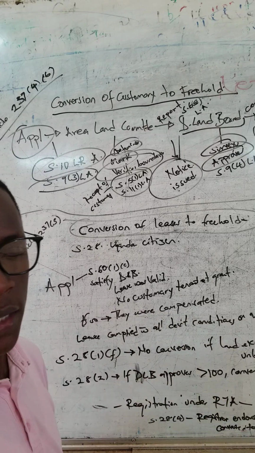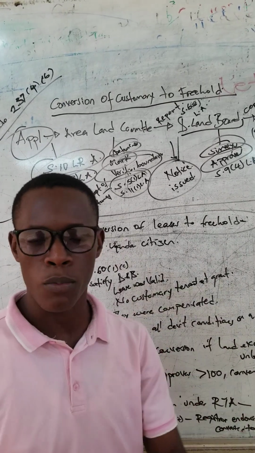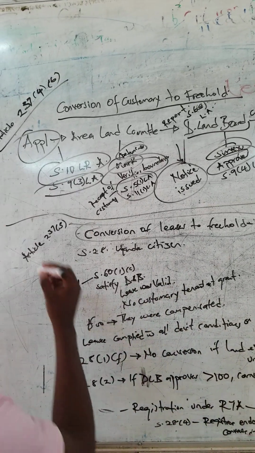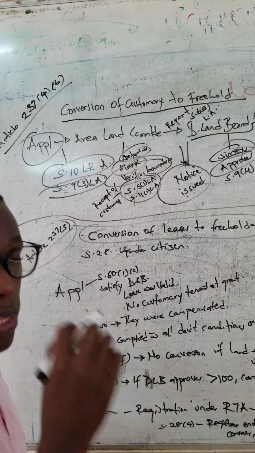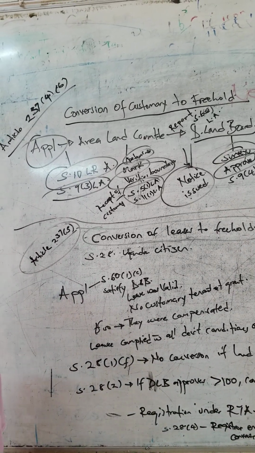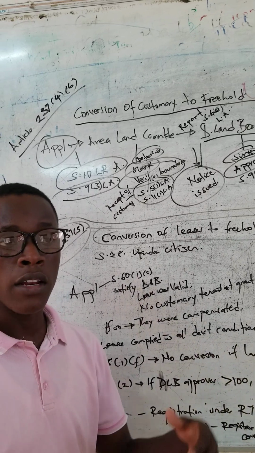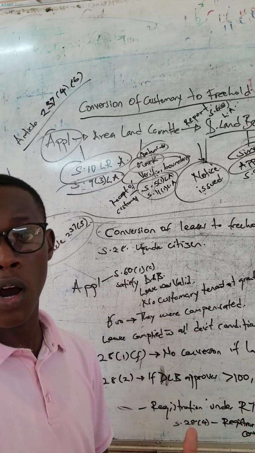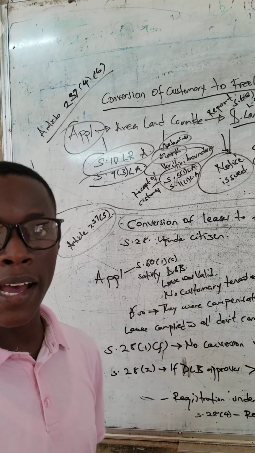A freehold. You get? So bear in mind that the grand norm, which is the constitution, is the authority that we start with. When you read Article 237 clause 5, it provides that a lessee, someone in possession of land in the form of a lease, can convert his land into what?